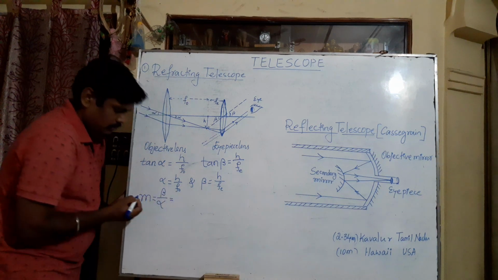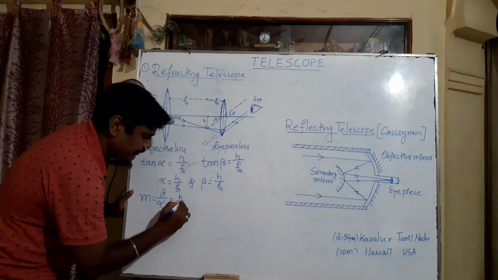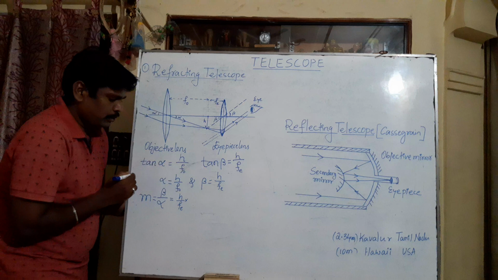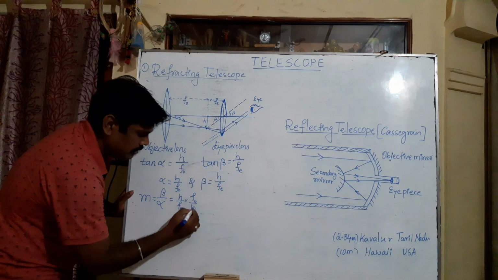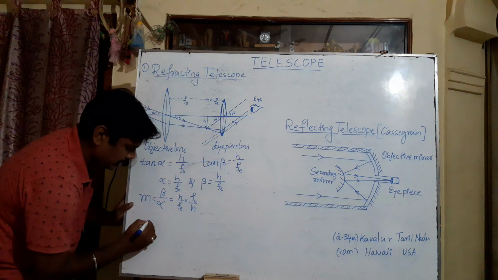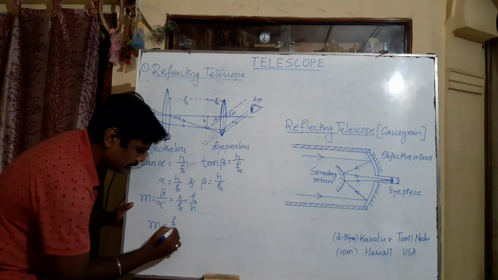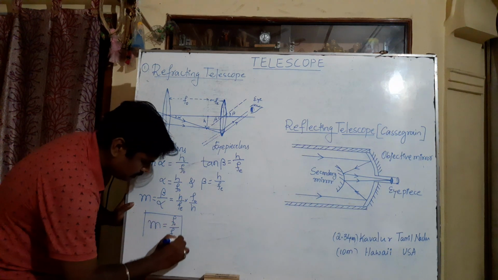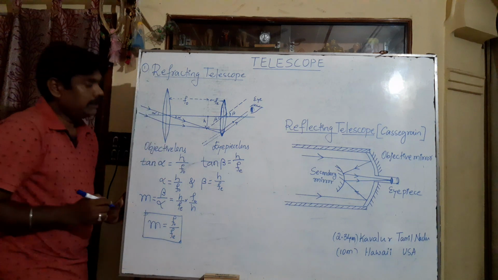Beta by alpha is h divided by fe, divided by h by f0, so we take the reciprocal, f0 divided by h. H cancels, and the remaining term is m equal to f0 divided by fe. This is the formula which helps to find the magnification of the telescope.